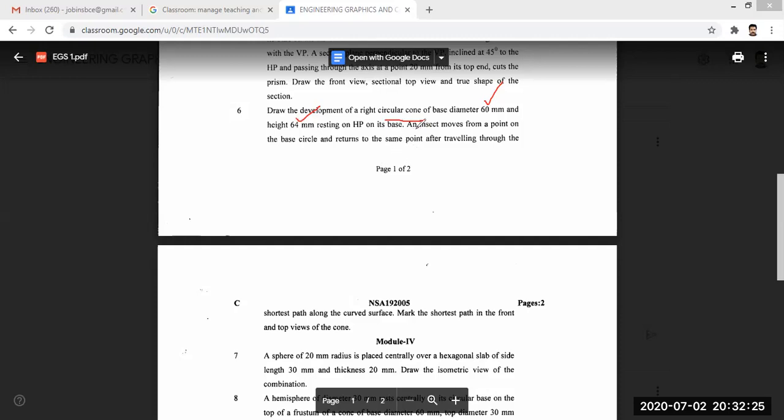Just create the 3D shape of the cone. Then question number 7: a sphere is there over a hexagonal slab. So you have to draw a hexagonal slab, and on the top of the hexagonal slab there will be a sphere. You have to create this object in Fusion 360. That is the next assignment.